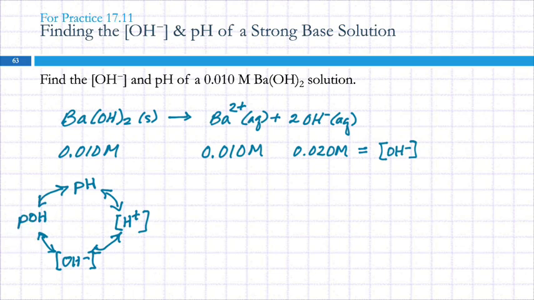Finding the pOH is just the negative log of our concentration. Negative log of 0.020. How many significant figures does 0.020 have?